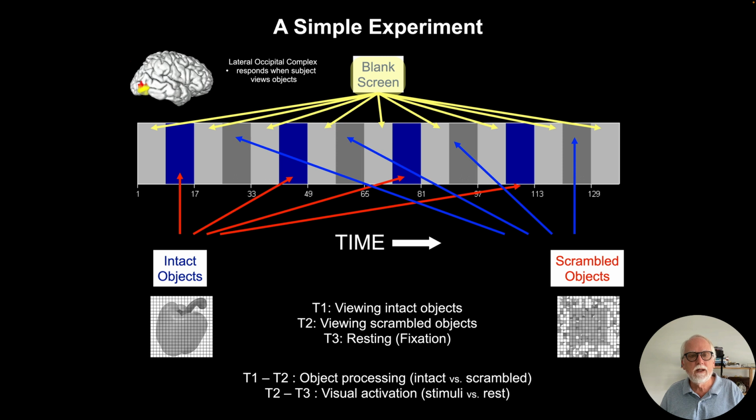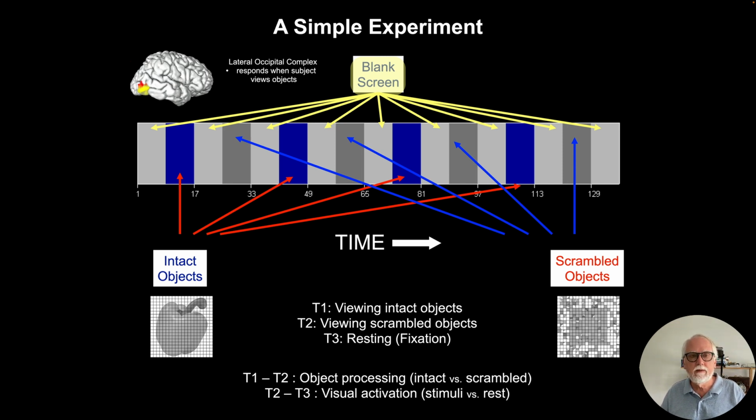And so again, you can measure T1 minus T2, and you can find out what parts of the brain are active that are just distinct to when you're viewing intact objects versus scrambled. T2 minus T3 tells you just about what the difference is between looking at stimuli versus being at rest. So that lets you see, and those colors that you see there are subtractions.